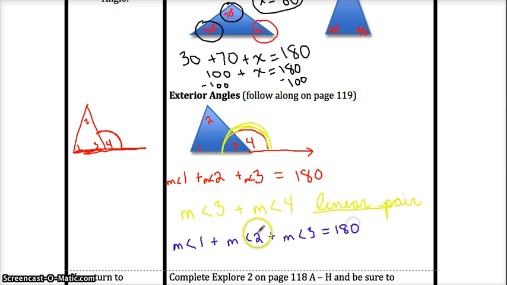And we know that the measure of angle 3 plus the measure of angle 4 also equals 180 degrees.